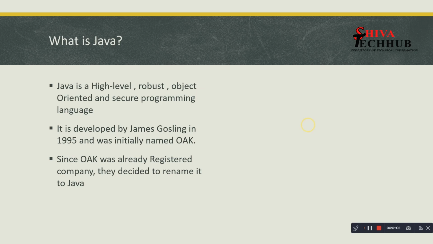Coming to the history of Java, it was developed by James Gosling in 1995, and it was initially named Oak. Since that was already a registered company name, they had to change its name to Java. So this is the brief history of Java.